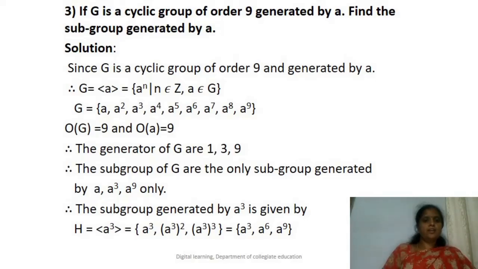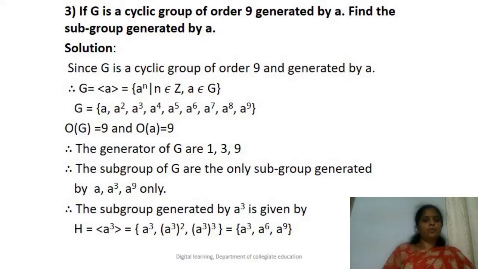Therefore, the generators of G: here order of G is 9 and order of A is also 9. So we can consider the generators as 1, 3 and 9. Nextly, the subgroups of G, generated by A, we have to consider in the form of A to the power n. So the generators of G are 1, 3, 9.